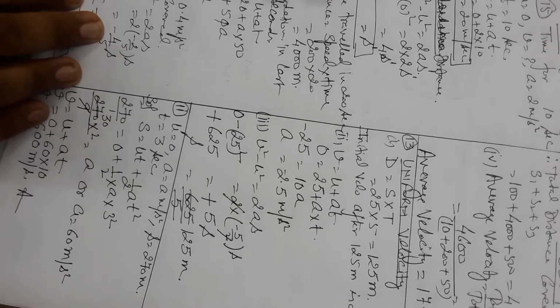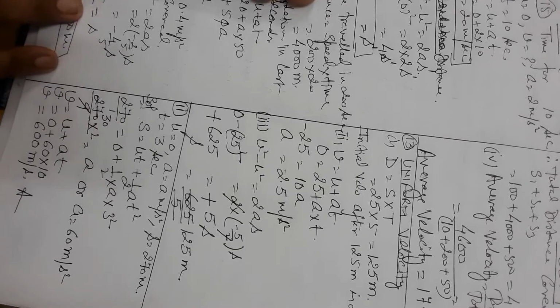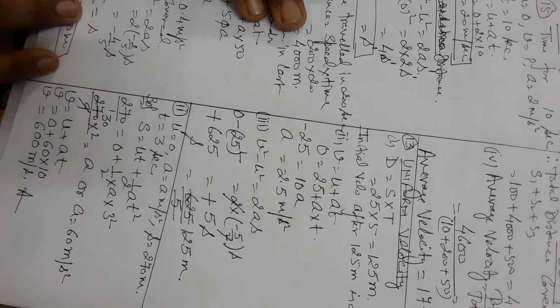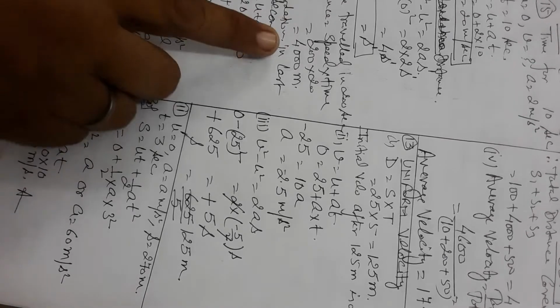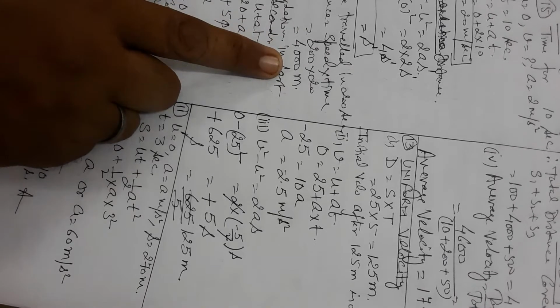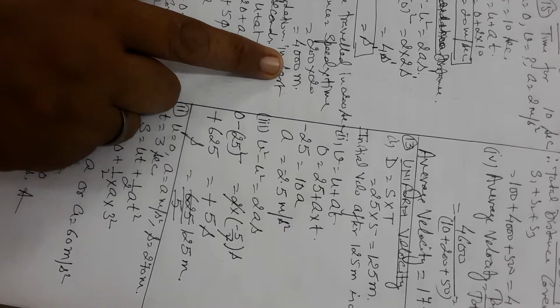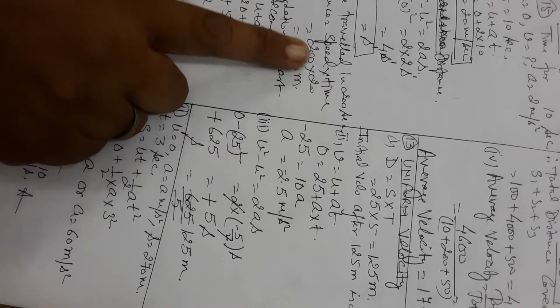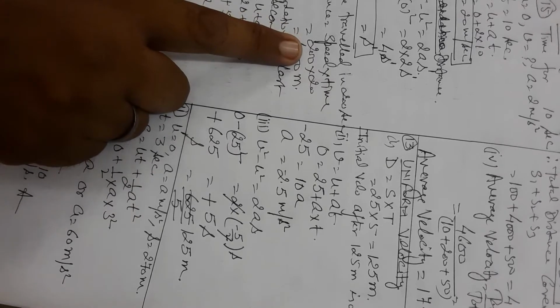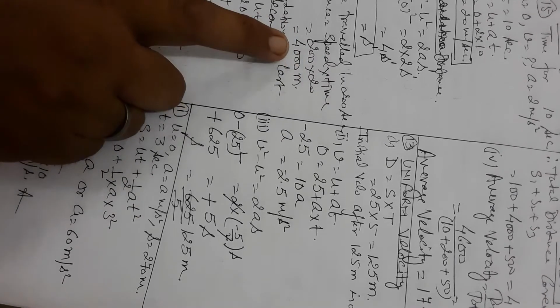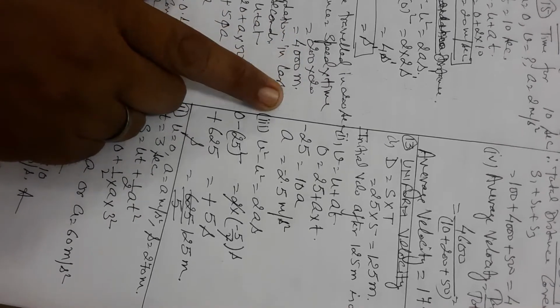100 meter. Now in 200 seconds, at this velocity, 200 into 20, it has covered 4000 meter. It has moved for 200 seconds with a speed of 20 meter per second, so distance is equal to speed into time. Speed 20, time 200, multiply: 4000 meters.